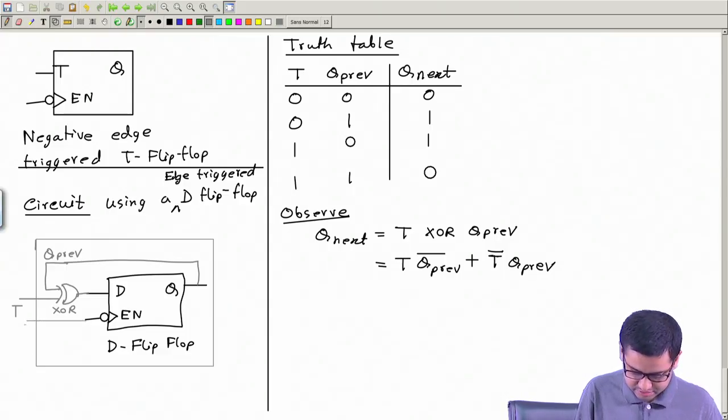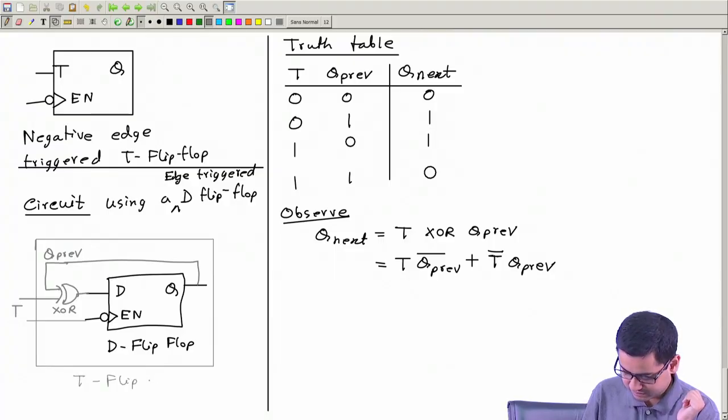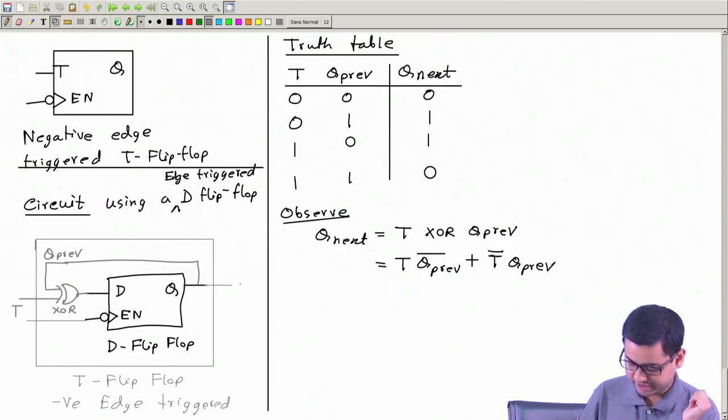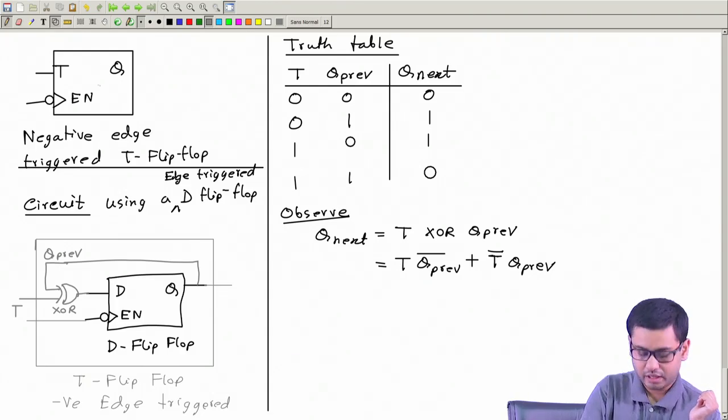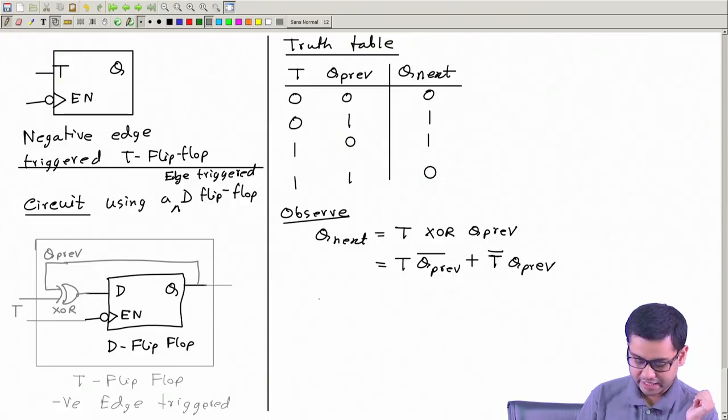So this is enable, and this is T flip-flop, negative edge triggered. Okay, let me take you outside. So this is the circuit of this symbol. So that's so simple.